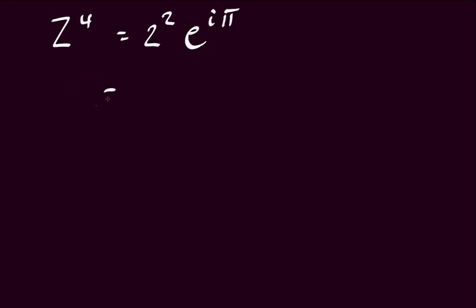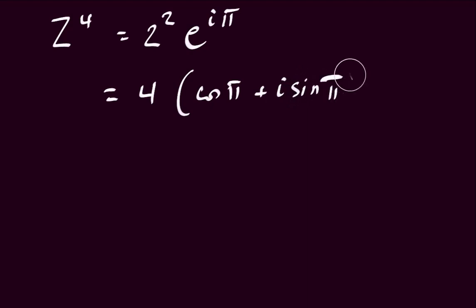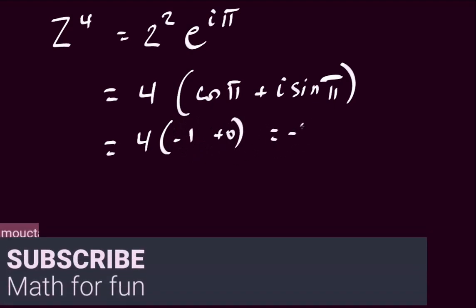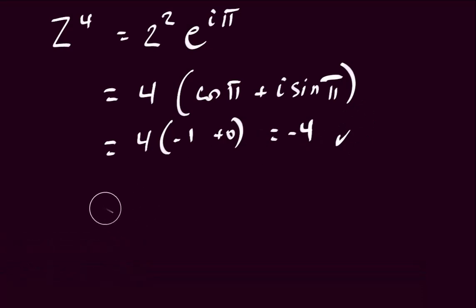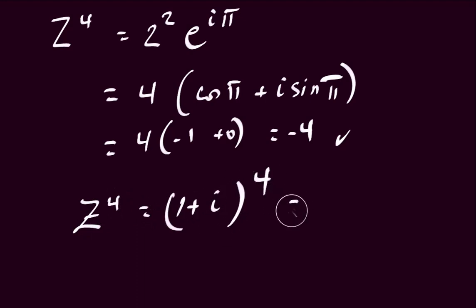We get 4 times cosine pi plus i sine pi, and as you know, sine pi is equal to 0 and cosine pi is equal to -1, so we get z to the power of 4 is equal to 4 times -1 plus 0i, which is equal to -4. So in this situation, again, we found that 1 plus i to the power of 4 is equal to -4.